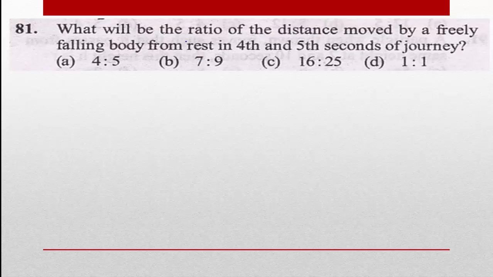From rest means initial velocity u equal to 0. In the 4th and 5th second, we know the formula for the distance moved in the nth second: S nth is equal to u plus a divided by 2 into 2n minus 1.